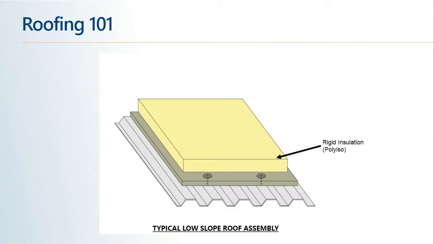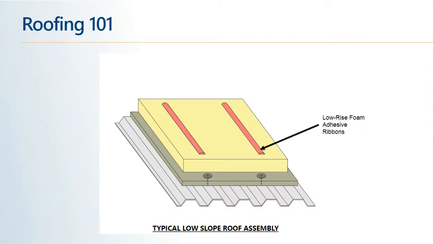We'll be referring to the insulation as polyisocyanurate or polyiso insulation that was used for the testing. It's a rigid insulation board that has what's called a facer on the top and bottom, and on the sides, the foam core is visible.